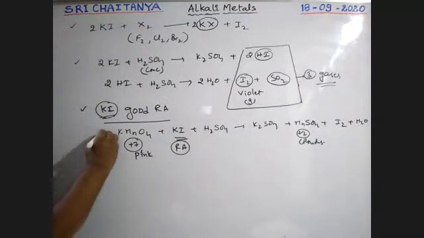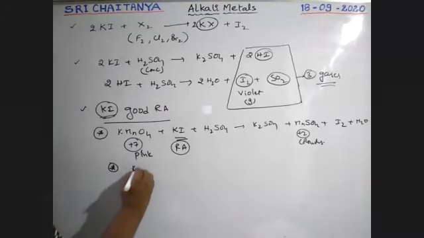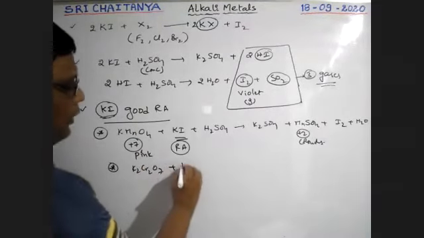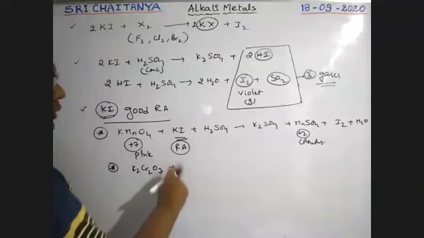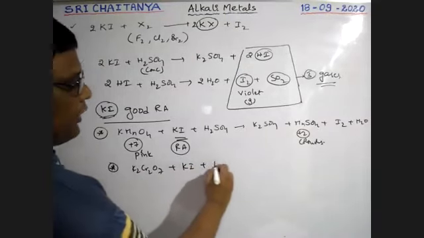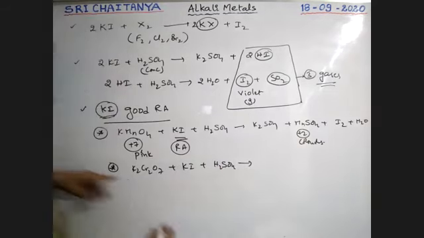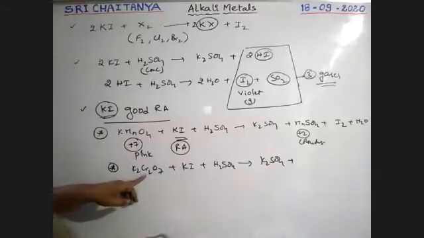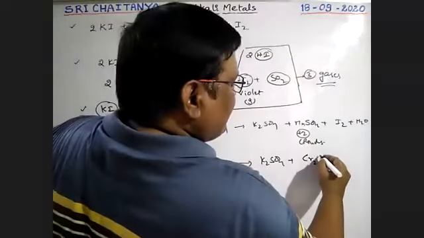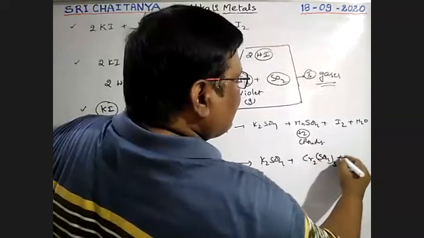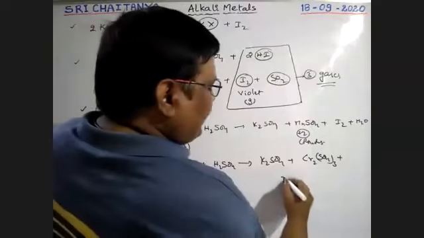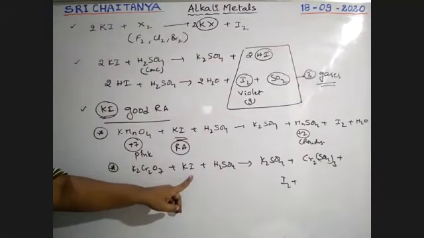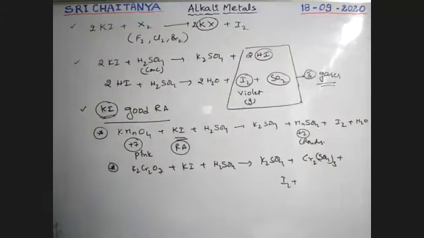Next, the second reaction: K2Cr2O7, which is orange in color. It reacts with potassium iodide in the presence of H2SO4 and gives K2SO4, chromic sulfate Cr2(SO4)3, iodine I2 and water.